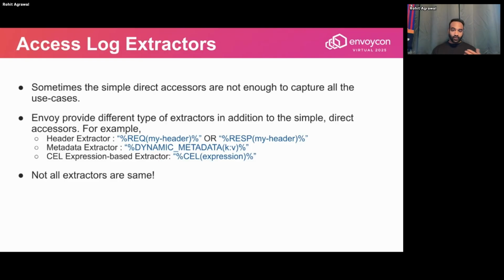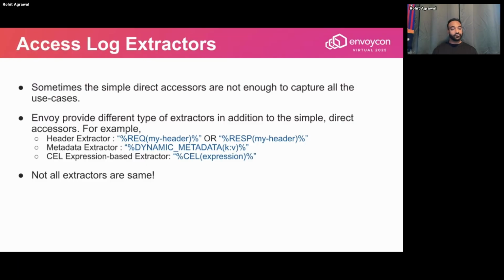Envoy provides a lot of different extractors. We have a header extractor where you can use request or response and you can pass in the header and log the value of that header. We have metadata. We also have a CEL expression based extractor for advanced use cases in which if you want to use a substring of a dynamic metadata or a request header, you can write a CEL expression.